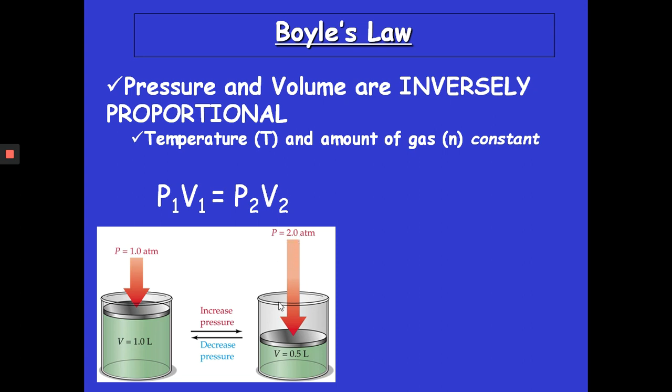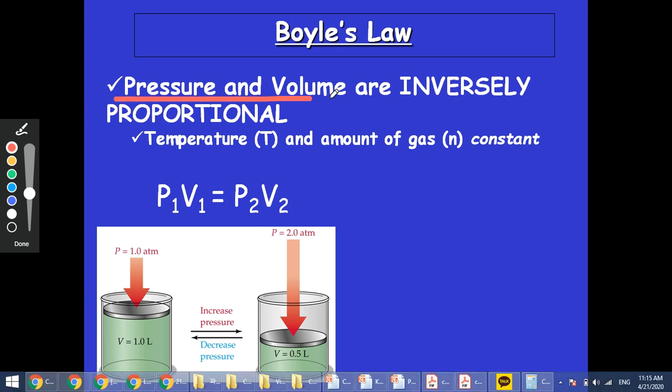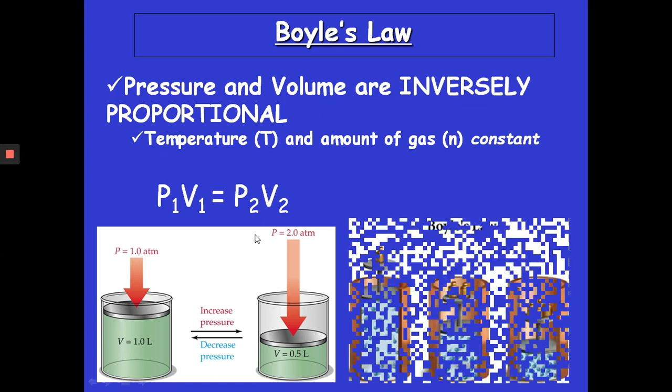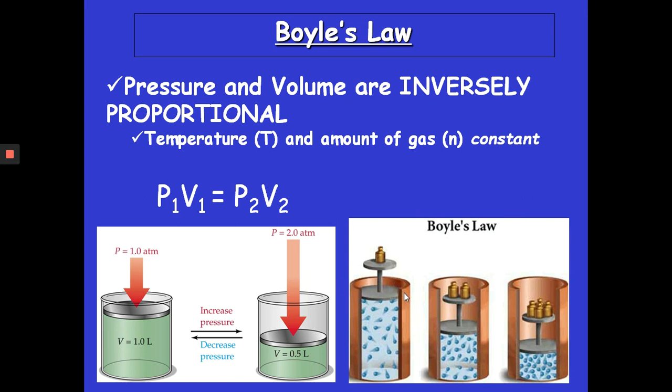Then, according to Boyle's law, the volume has to decrease because an increase in pressure means a decrease in volume. That's because pressure and volume are inversely proportional. So here is another demonstration of Boyle's law.